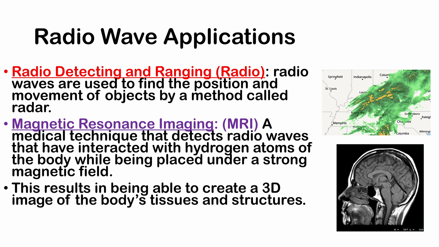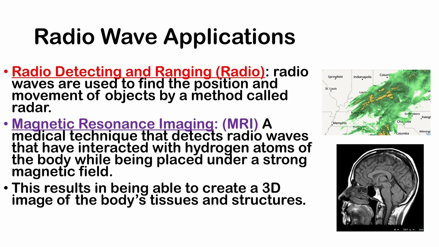Now, magnetic resonance imaging, that's what you see down below. It's a medical technique that detects radio waves that have interacted with the hydrogen atoms of your body. They do that when they've placed you under a strong magnetic field. As they go through this process, they can create a three-dimensional image of all your body's tissues and structures. Very useful. It saved my life before. When I showed up in the emergency room, they found out something was wrong, and they had to take care of me.